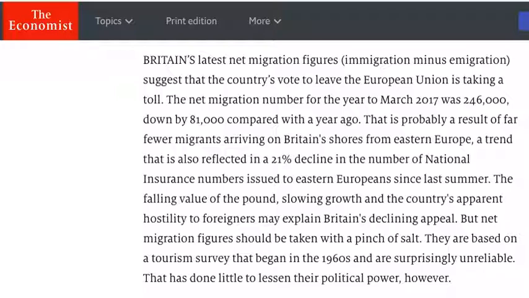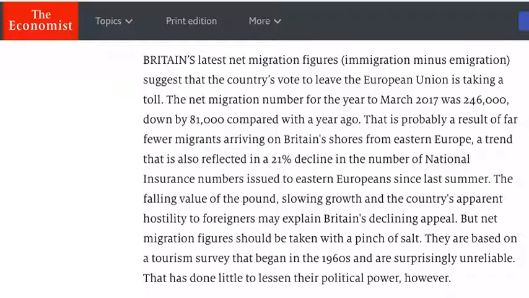Second sentence. The net migration number for the year to March 2017 was 246,000, down by 81,000 compared with a year ago. Look at the structure of that sentence. The net migration number for the year to March 2017 was 246,000.